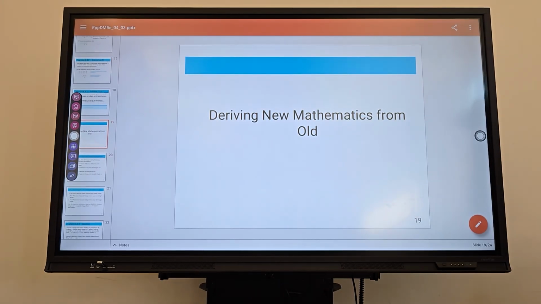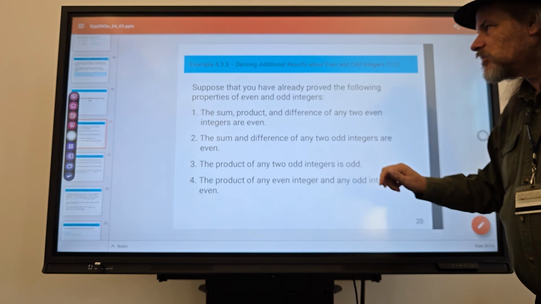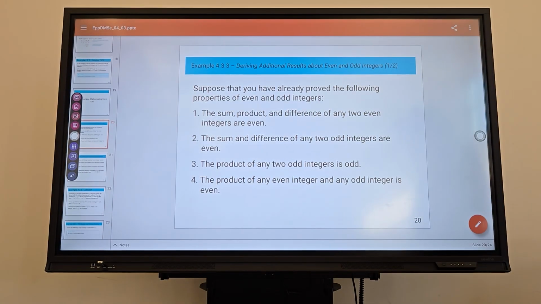Deriving new mathematics from old. Suppose that you already have proved the following properties of even and odd integers. The sum, product, and difference of any two even integers are even. The sum and difference of any two odd integers are even. The product of any two odd integers is odd.